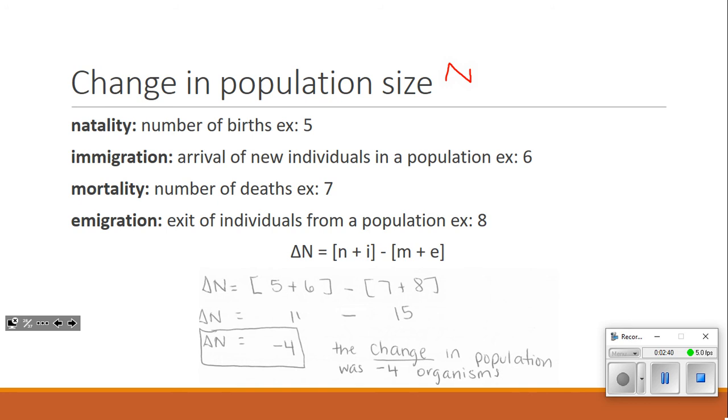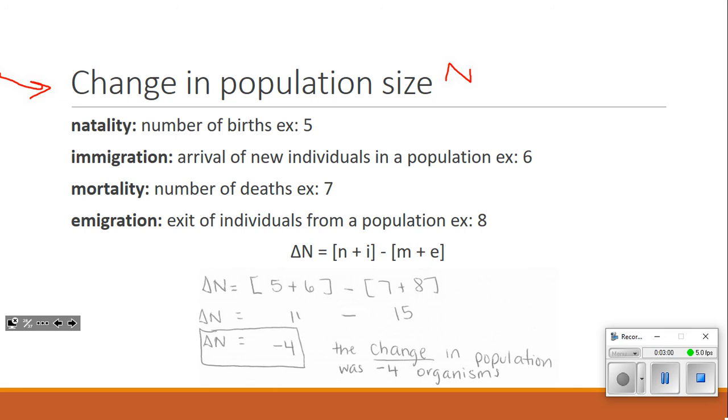Now, population size is N, but the other part of this is change. You might remember from other science courses that anytime we want to represent change, we use the delta symbol, the one that looks like the triangle.